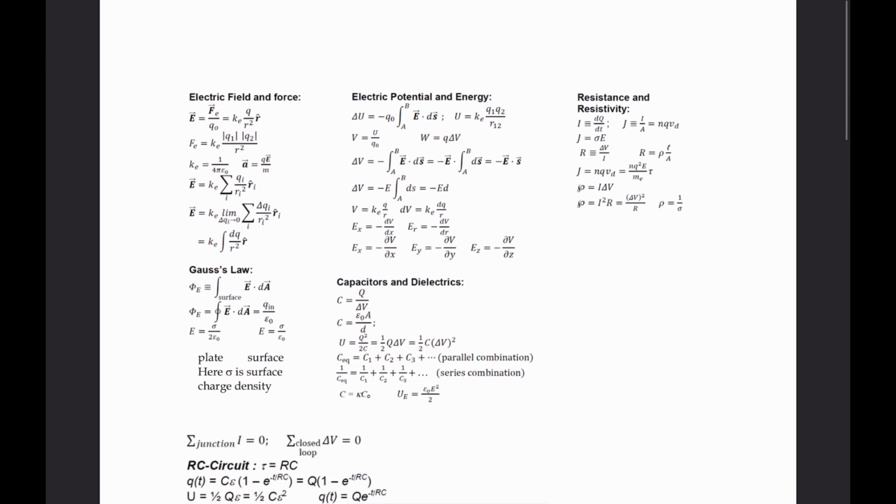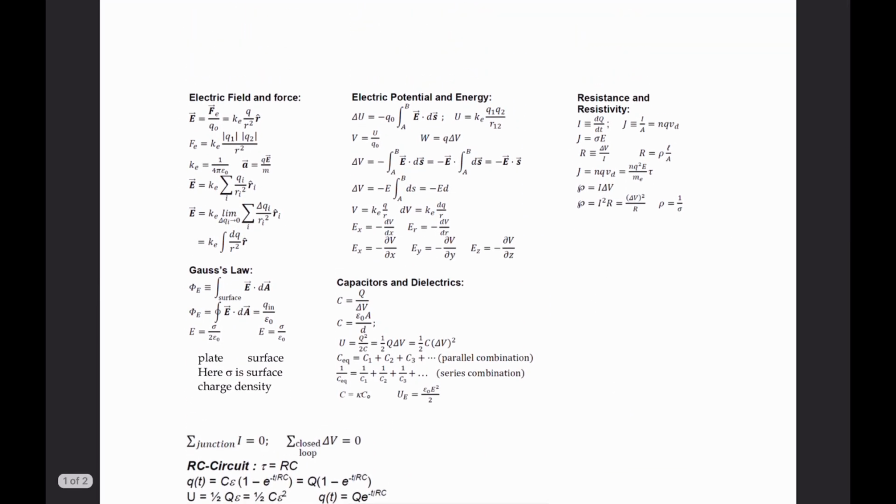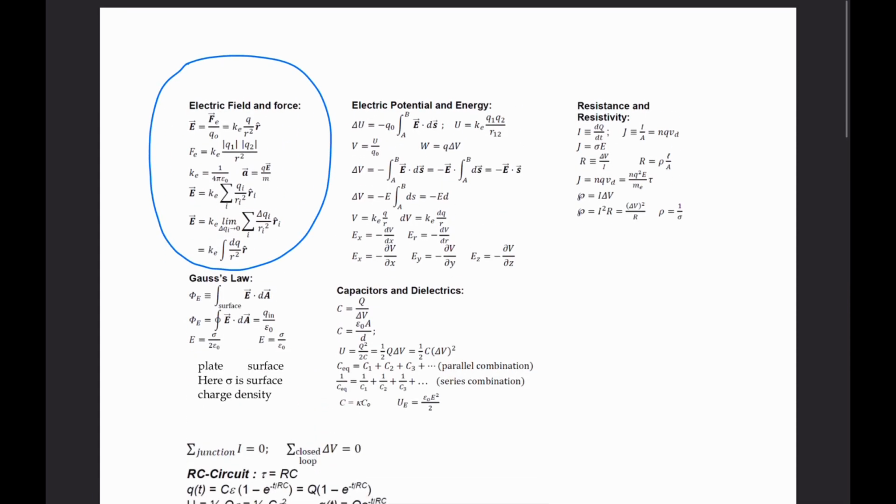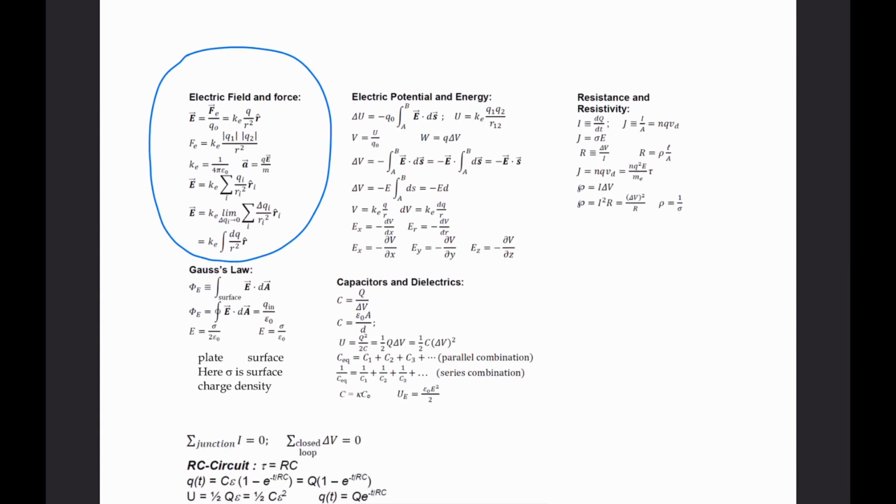We're going to start off all of this kind of summary here from the first section, which is the electric field. So let me actually give a big overview. This is the electric field and force. This from the book that we've been looking at is chapter 22. Actually, this section here is from chapter 23, and so is Gauss's law.